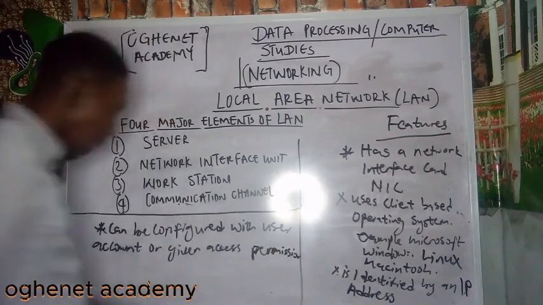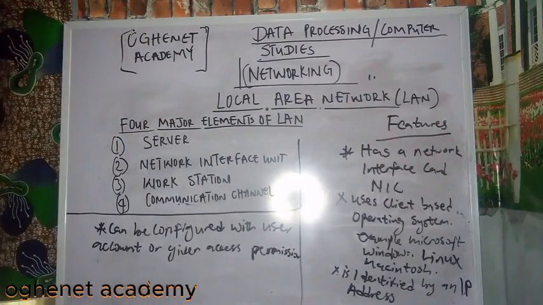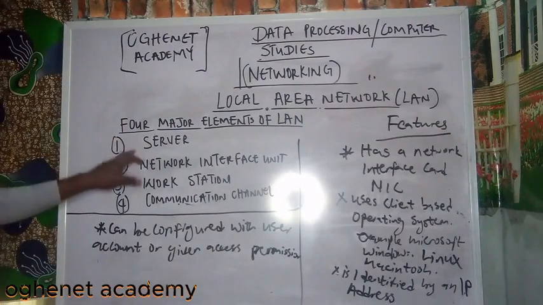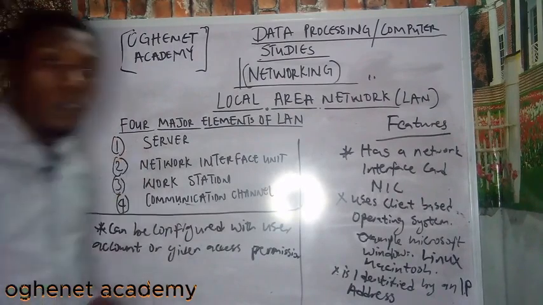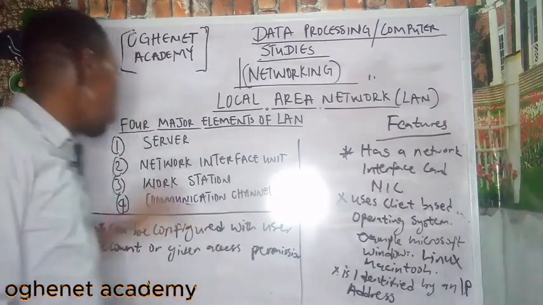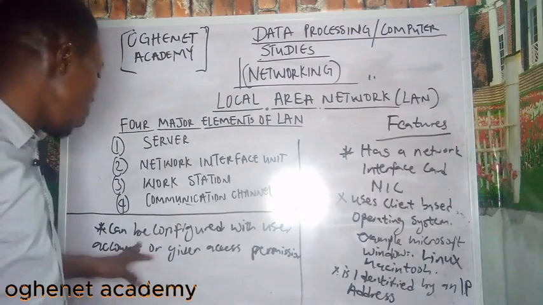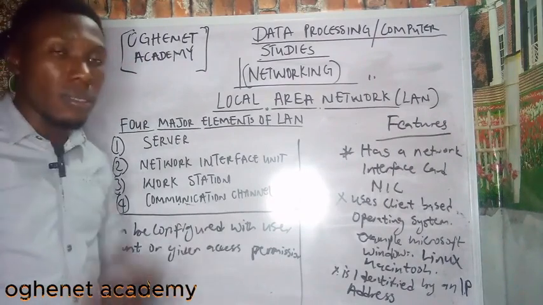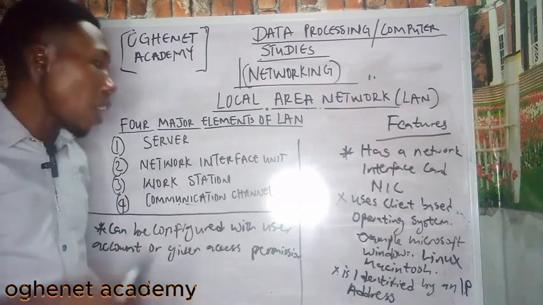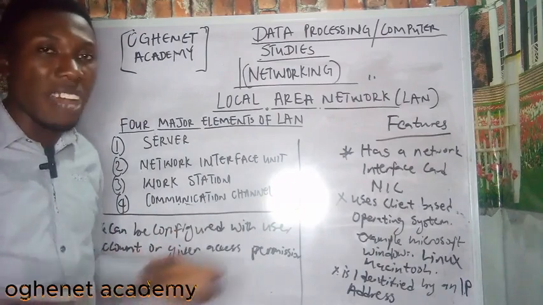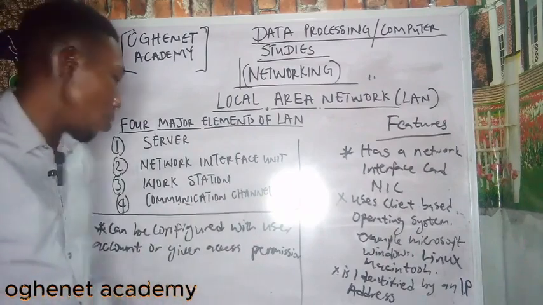What do we mean by that? You have to go back to the tutorial video I made on the server, and you will see where we talked about the server having to manage the users that have access to that particular network.